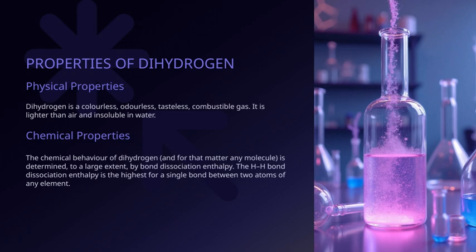Interestingly, it is insoluble in water, meaning it doesn't dissolve easily, which is important in understanding how it behaves in different environments. Now, considering its physical properties, these characteristics are crucial for practical applications and safety considerations. Overall, understanding these properties helps us grasp how dihydrogen interacts with its surroundings and why it plays such a vital role in various chemical processes.